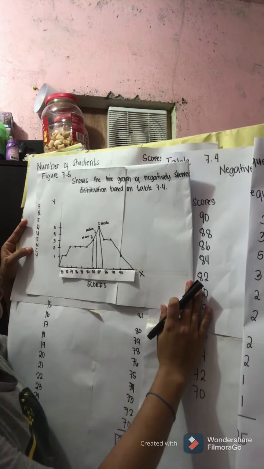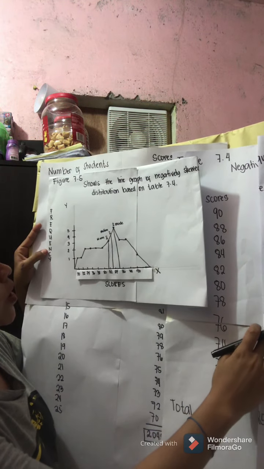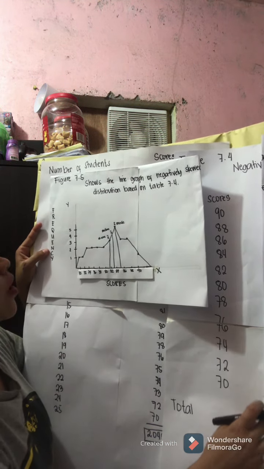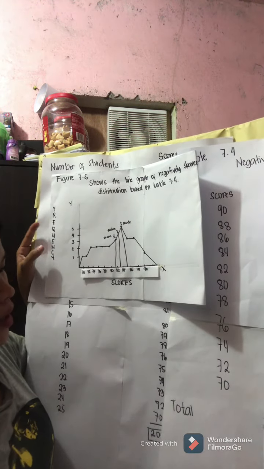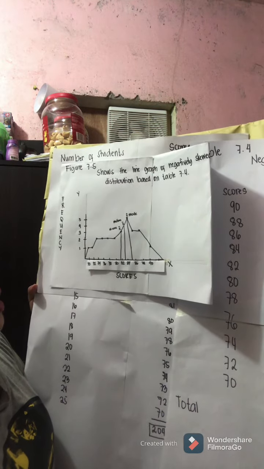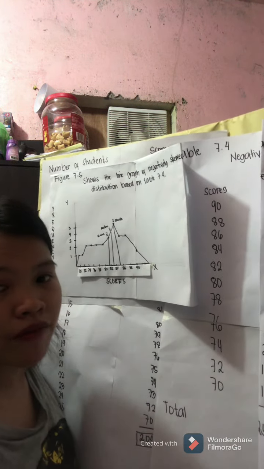So let's proceed to the line graph, which is in figure 7.5. This line graph shows negative distribution based on table 7.4.